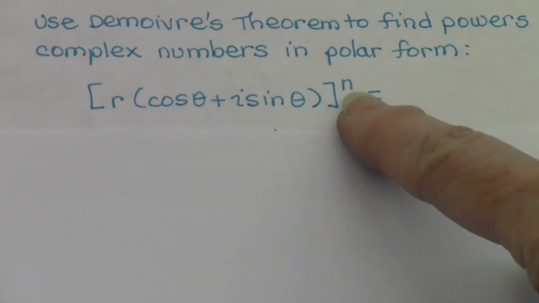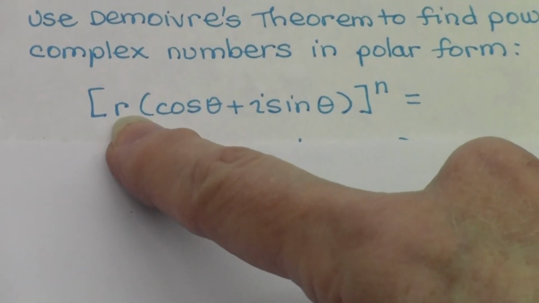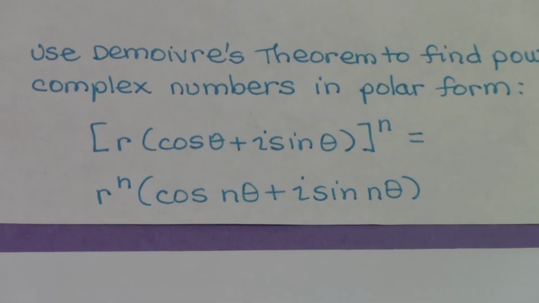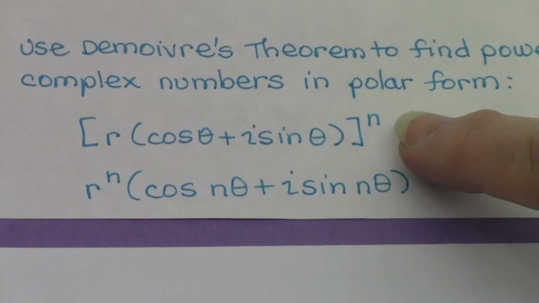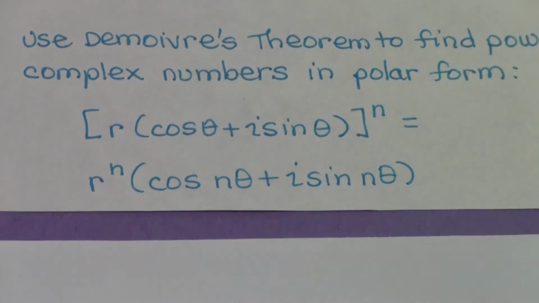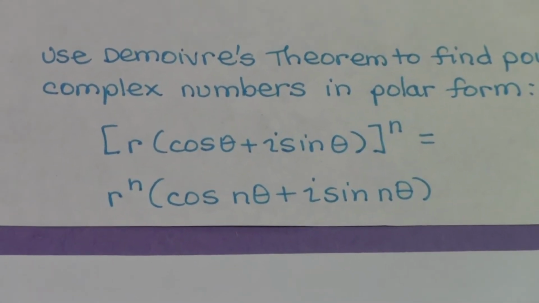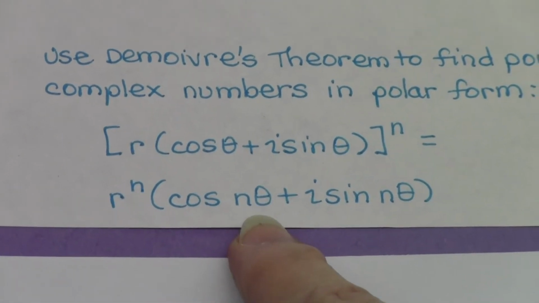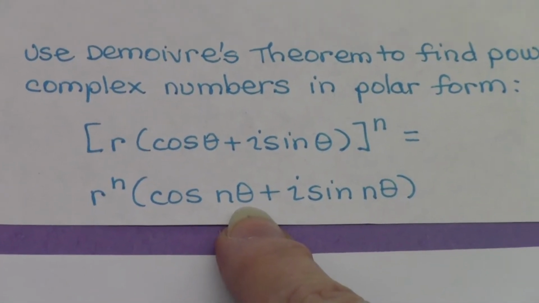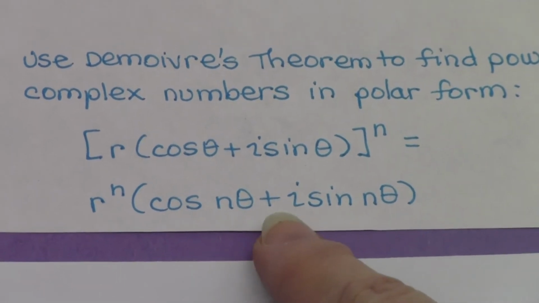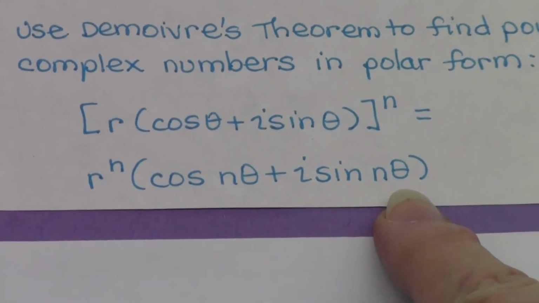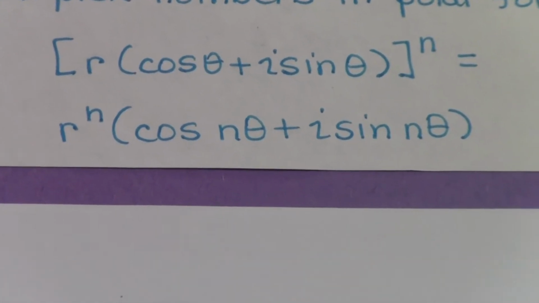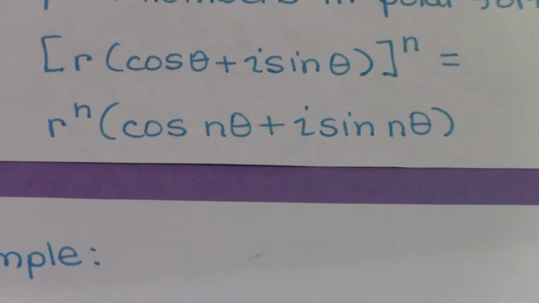We take the power and use it on the r value, so it's going to be r to the nth power, and then you do something a little different with the angle, and this will be proven in this video, so you'll understand why this works. It's going to be cosine, not a power, but n times theta, the product of n times theta, plus i sine, and again, n theta. So that right there is DeMoivre's theorem, and here's how you use it.